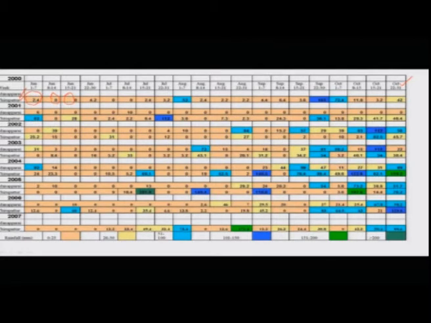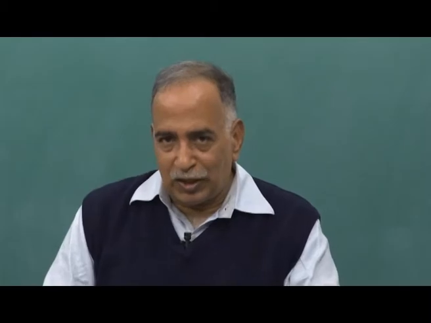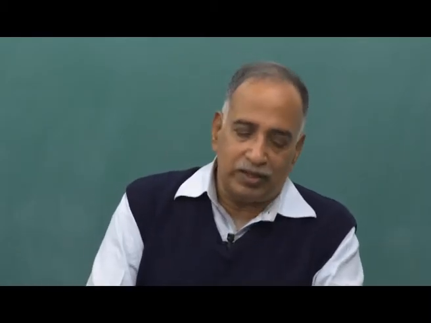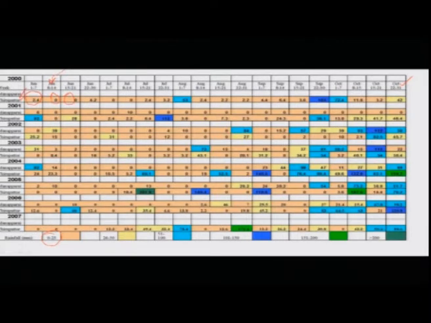Suppose the plant needs water every week, every 7th or 8th day, that means in this week there is no supply from the rain, and there is a need for water from supplementary irrigation. Similarly, when the rainfall is more than 20, a minimum of 25 millimeters of rainfall is needed over a week, assuming there are evaporation losses, so that the plant is able to grow in a normal way.